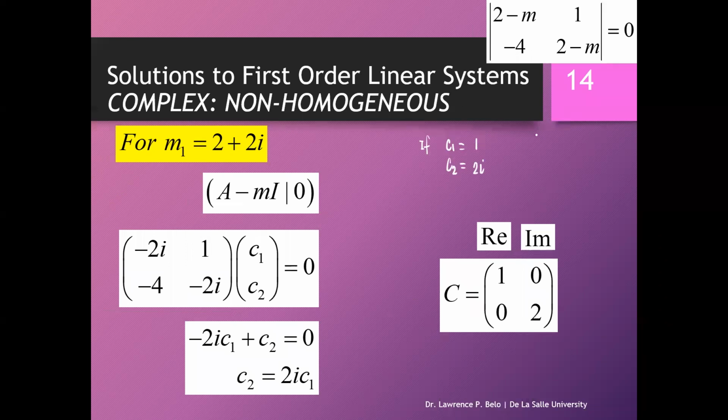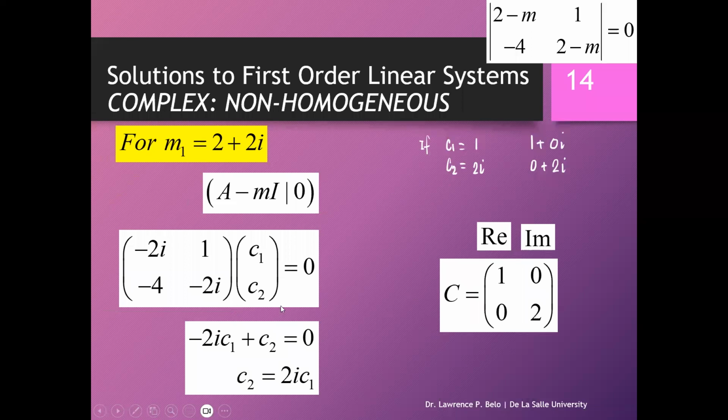so if C1 is equal to 1, C2 would be 2i. Tama? So, how do you write that? Ayan o, 1 plus 0i, 0 plus 2i would be the form of the answer. Di ba? Madali lang naman, no? Ito, you understand naman, di ba, what to do here.